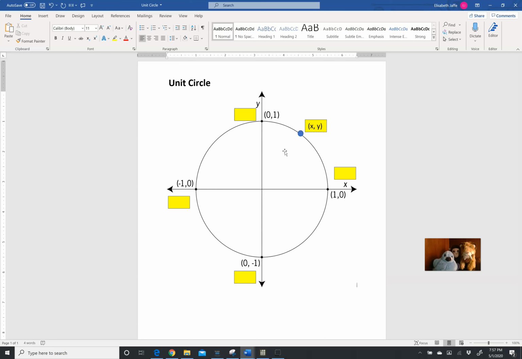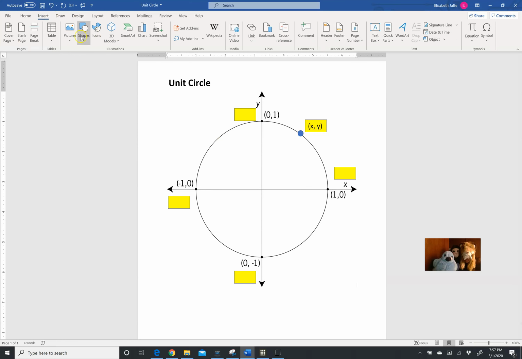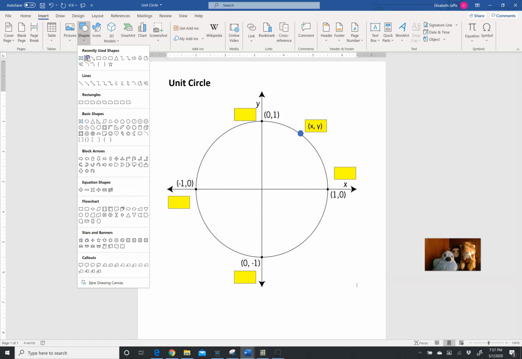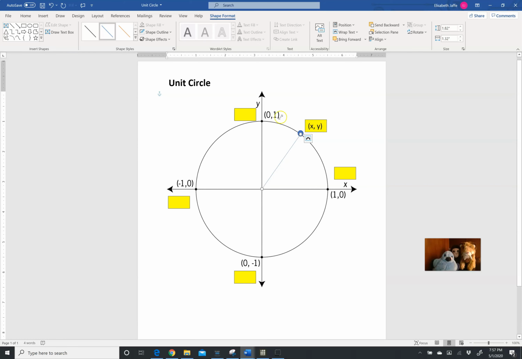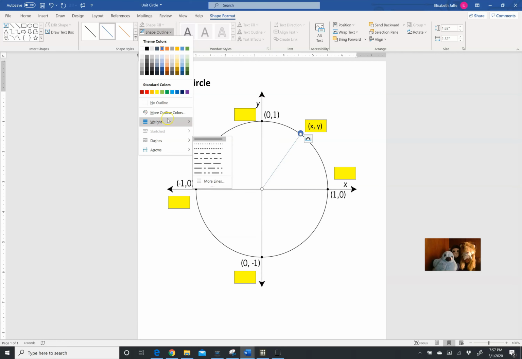So in order to figure out this relationship, we can create a right triangle. Okay, so let's do that. So to do this, we're going to draw a line that comes from the origin and it hits this point. Okay, let's make this a little bit thicker so it's easy to see.